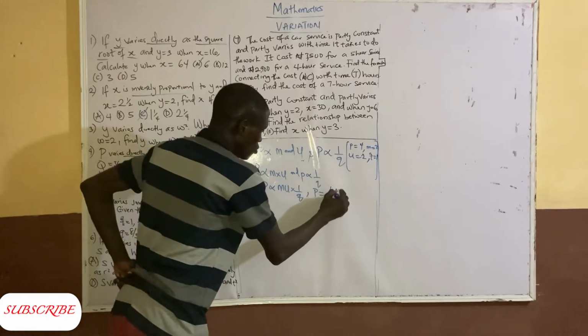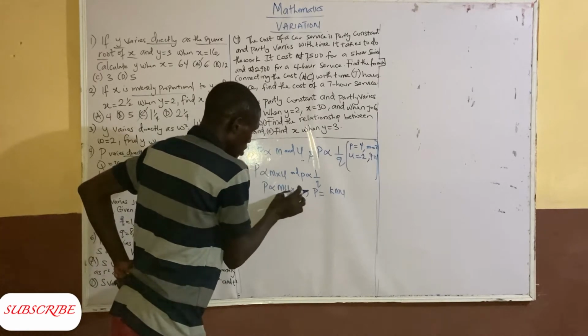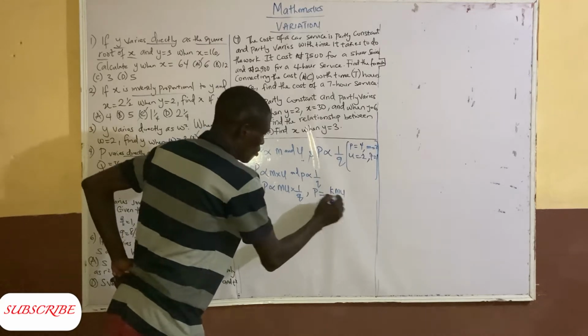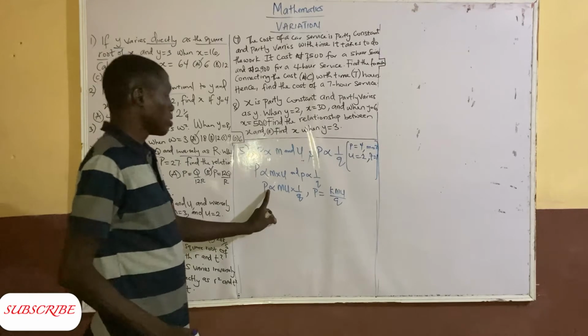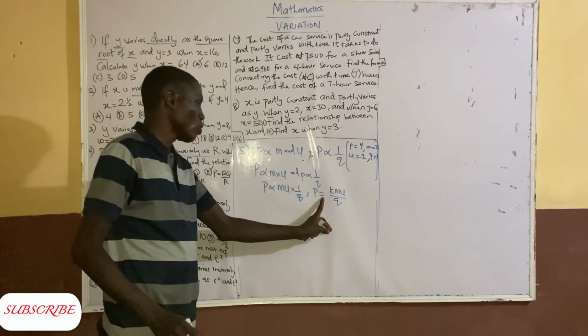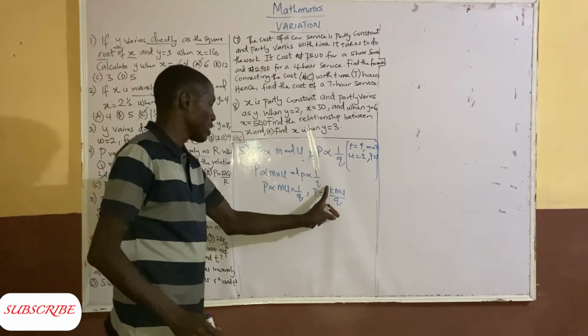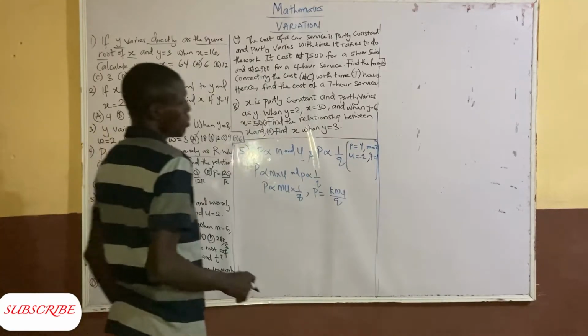So K MU over Q. We remove the proportionality sign and put equal to K MU over Q. So this is the equation here.